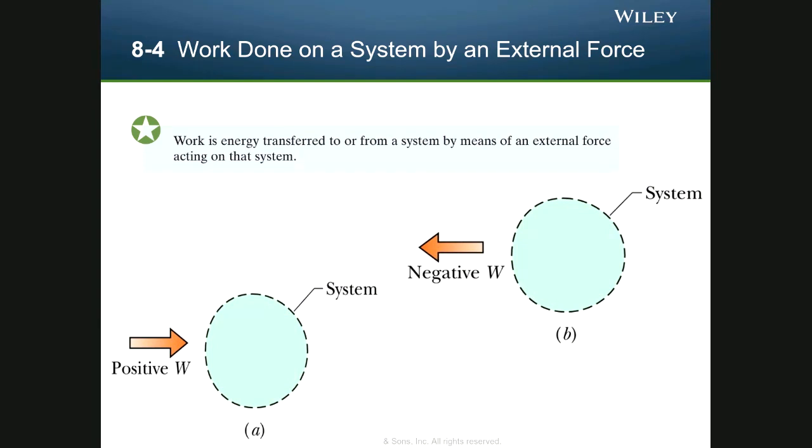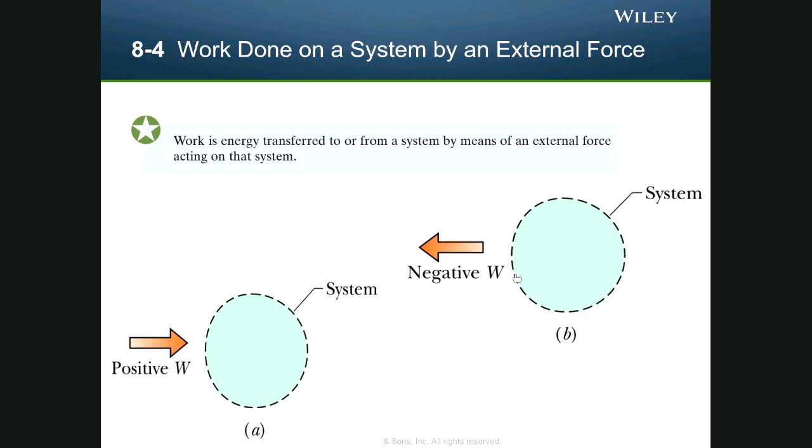So we're going to get into the whole work done by a system, work done on a system argument. So work is energy transferred to or from a system by means of an external force acting on that system. Work done on the system is positive, work done by the system is negative.